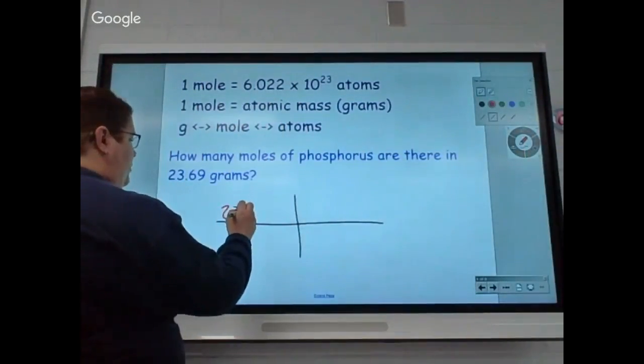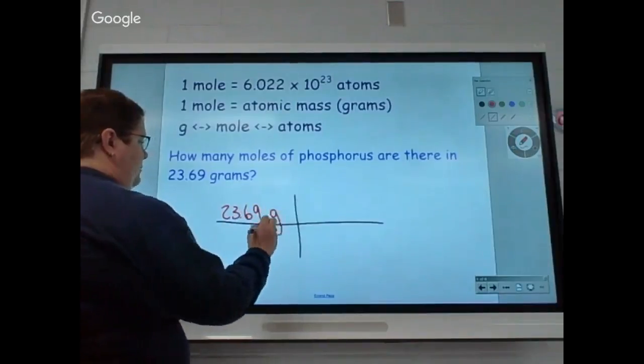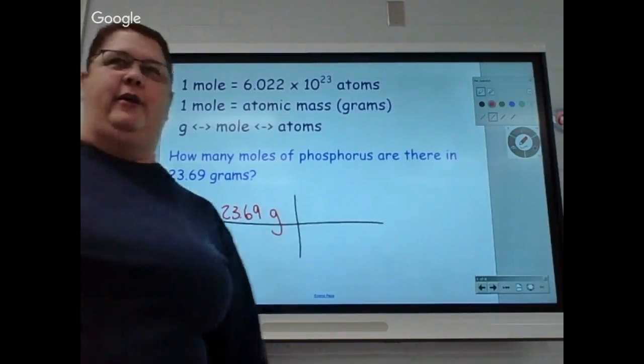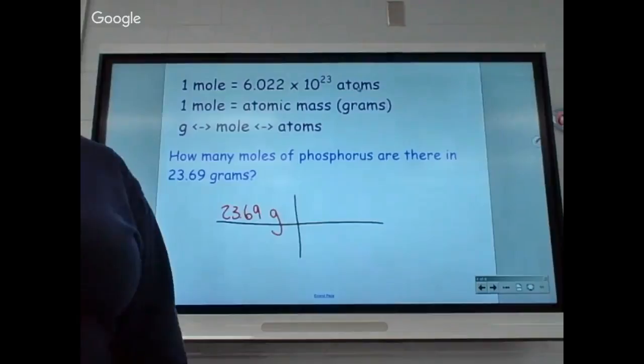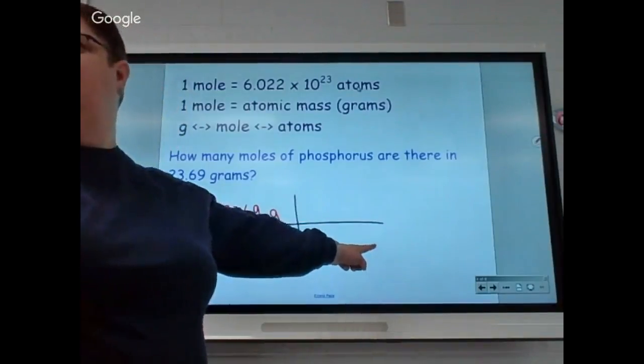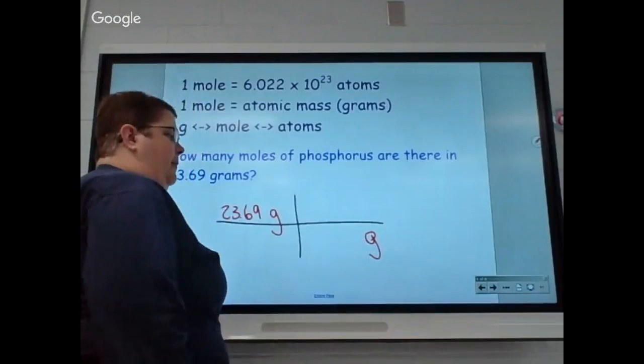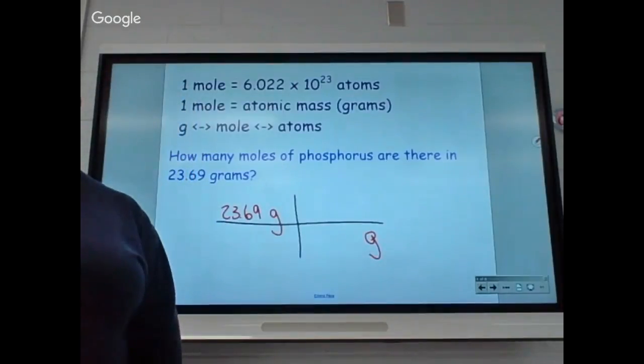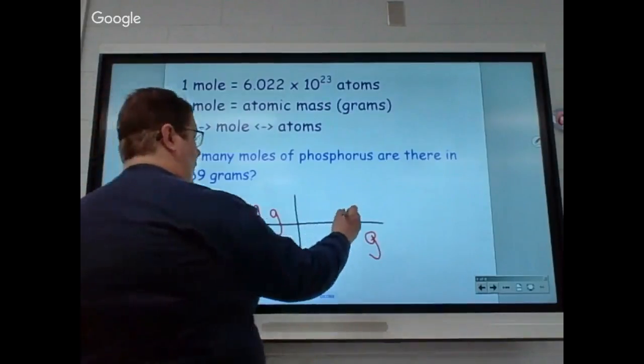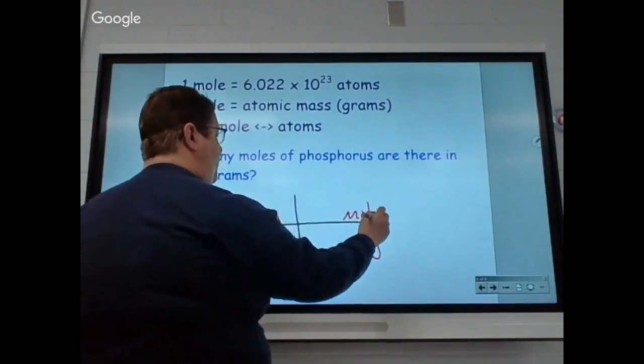Okay, 23.69 grams. All right, from there, what do I do? All right, what goes down here? Grams, because we want to get rid of it. All right, what do I put on the top line? Because that's what they asked for. All right, so that's step 1 through 4.